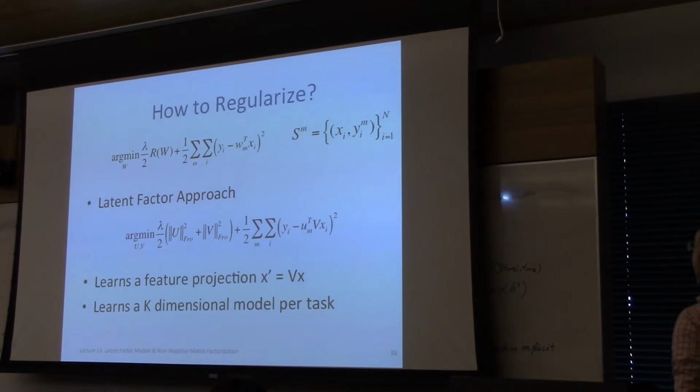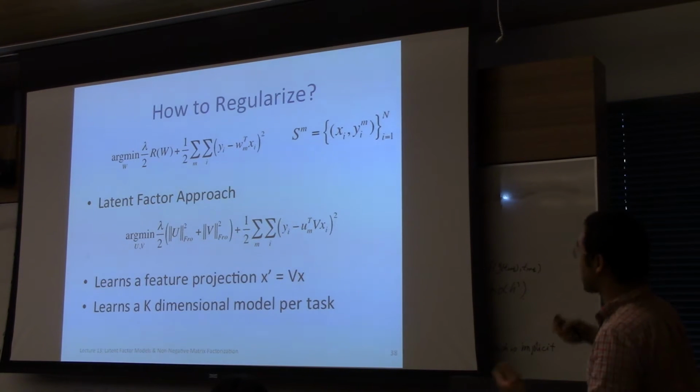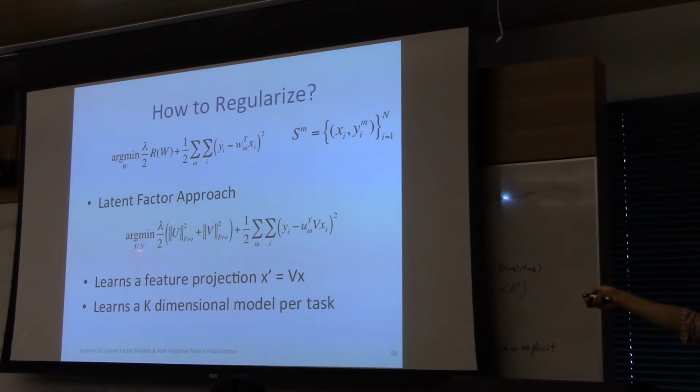Apologies for that. And so instead of learning a parameter matrix W like this, and regularizing using the trace norm, it's equivalent, more or less, to have two parameters, U and V, regularize the squared Frobenius norm of the two, and then do this, right?